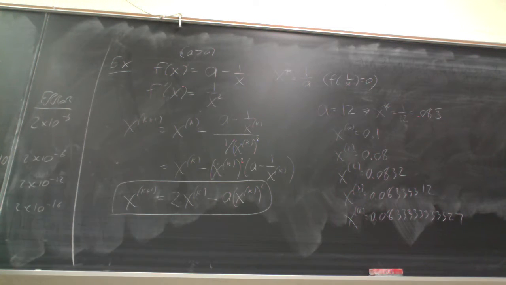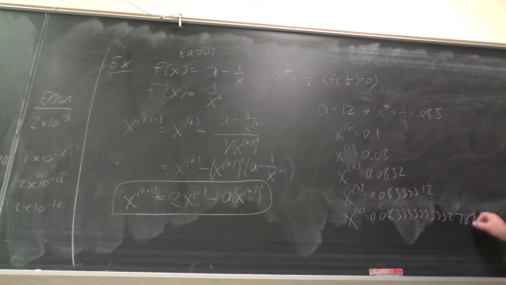And if I were to do one more, I would have nothing but 3s after the 8. So essentially it would have converged to full precision. It only took 5 iterations, like the previous example, to get as many decimal places as we could hope for. So that worked out really well.